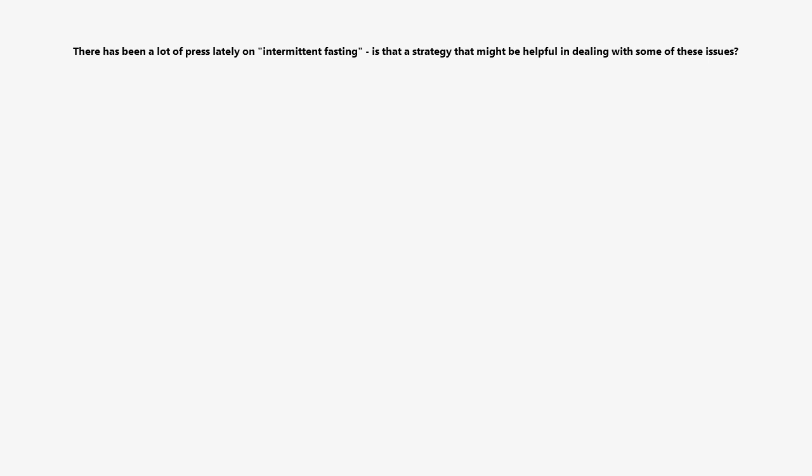Right now at Stanford, we have trials looking at intermittent fasting for therapy for both inflammatory bowel disease as well as reflux.